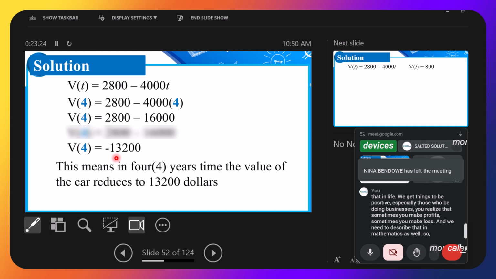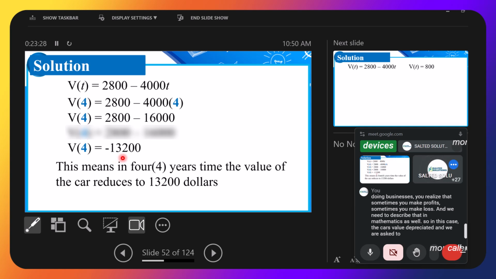And we are asked to give a reason or explain the value we obtain. So one of the reasons we can state is that looking at the value obtained, it means that in 4 years' time, the value of the car reduces to $13,200. Okay, I hope we understand.